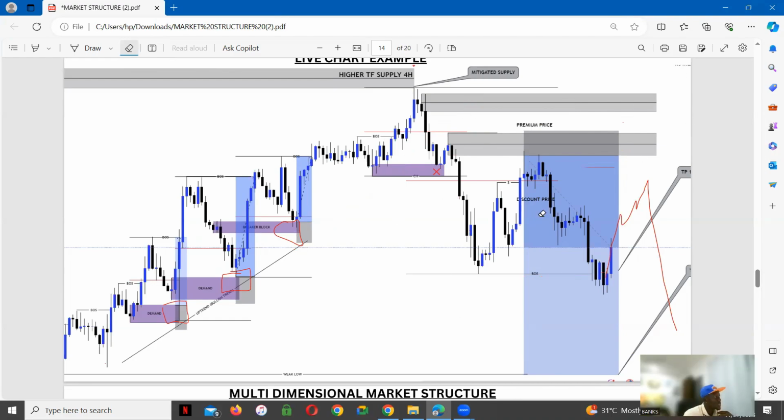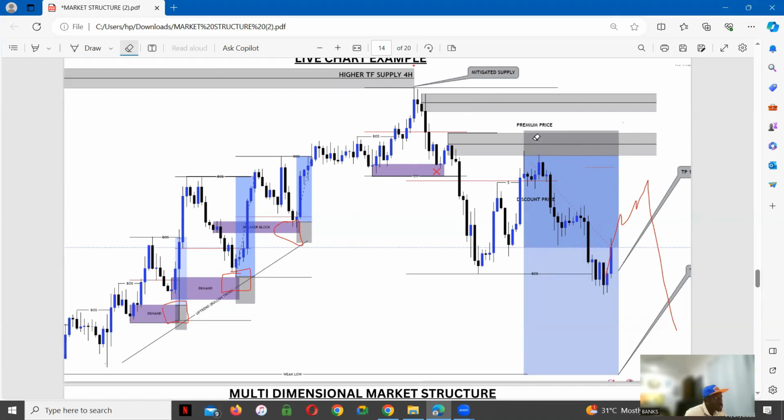So on this particular trade, what I did was I figured this was a refined one to trade from because it's in the premium level. And when price got here on the lower time frame, I got the confirmation. The lower time frame also caused a change of character and a pullback inside this same supply level. You understand? So if you are risking 1%, you can risk 1% here, then you make profit.